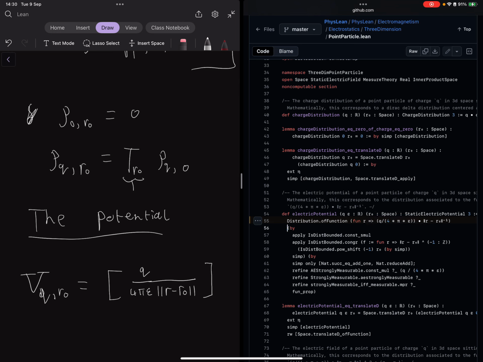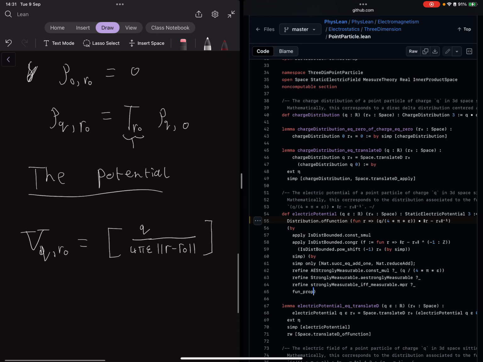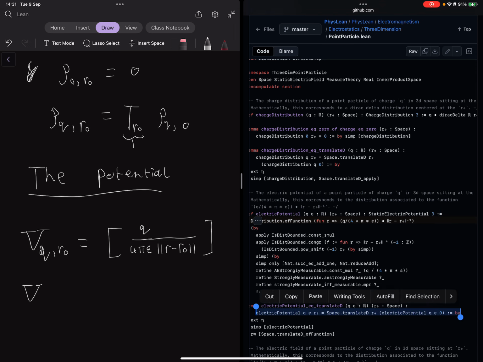And then what follows in these lines here is basically a proof of results, basically saying, okay, this first one is saying that this function is sufficiently bounded as r goes to 0 and as r goes to infinity. And this one is saying that it has some integrability properties. So again, we can start to prove some properties about this electrostatic potential, in particular this one here. And this is very similar to the one we had above.